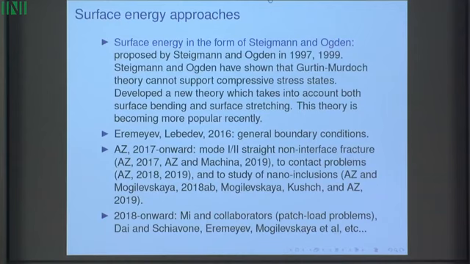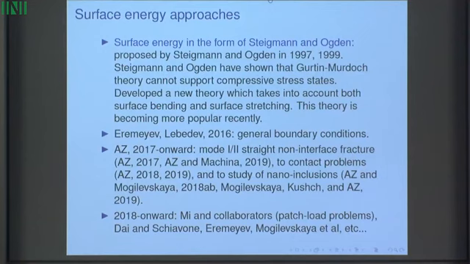Before, Steigmann and Ogden published their paper only in terms of energy, so there were no boundary conditions. Correspondingly, there was little research generating solutions for problems. But after this paper in 2016, there was a kind of mini explosion of works in this area.